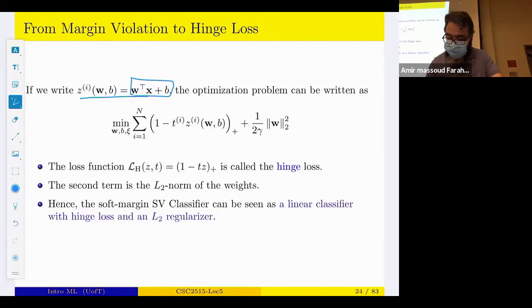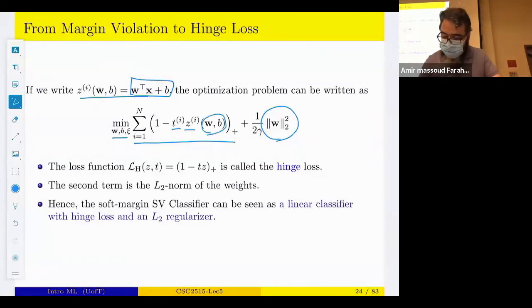So what we get is that we want to minimize over W, B the squared 2-norm of W, plus the summation of terms in the form of 1 minus t_i z_i, which is a function of W and B, and then take just the positive part of it.